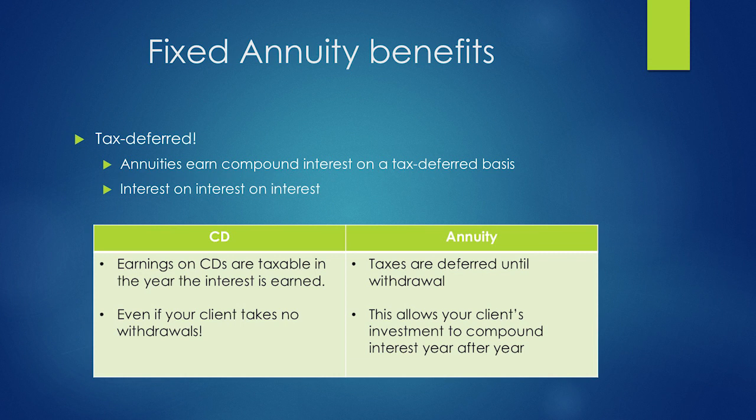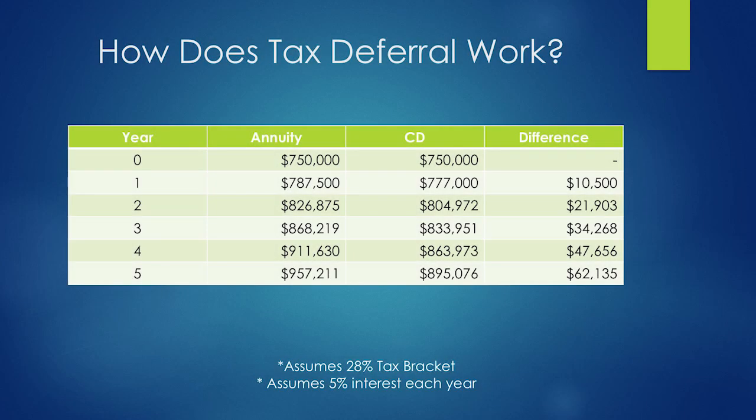Tax deferral is basically about what we call non-qualified money, which means money the person had saved in a bank account, money they saved after taxes. And here's where it makes a big difference. Let's say you're paying your taxes from a CD rather than paying out of pocket, and you have that same money in an annuity.